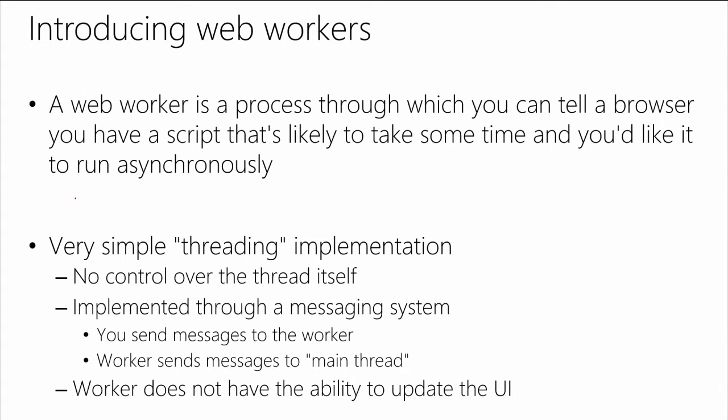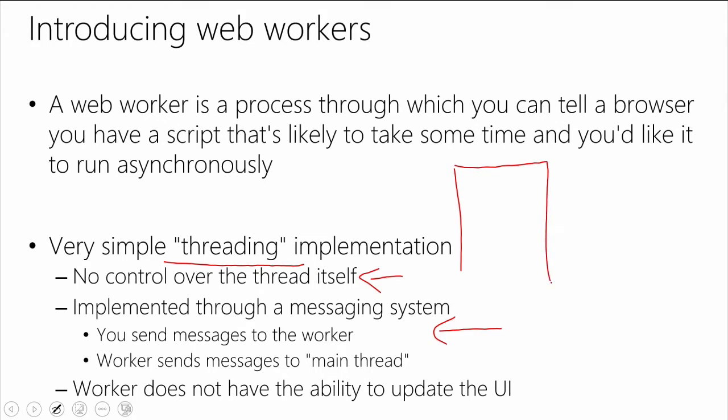That's fine. So it's a very simple threading implementation. But like I mentioned before, you're not going to have control over the thread itself. And on top of that, it's also going to be implemented through a very basic messaging system. So what we're going to have is my little web page here. So here's my little browser, as it were, my terrible little drawing.